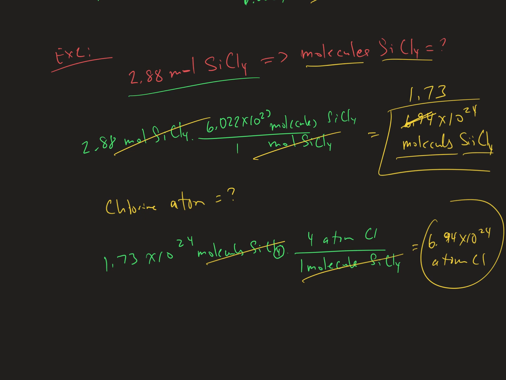If we have one of these, we have 4 chlorines. We don't need to do the 6.022 anymore. We already did that right here.